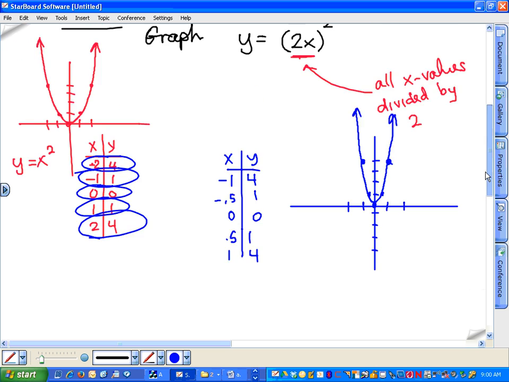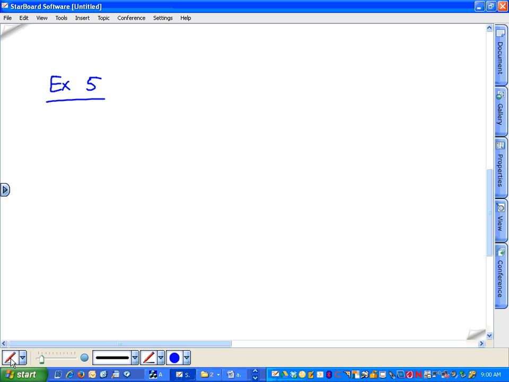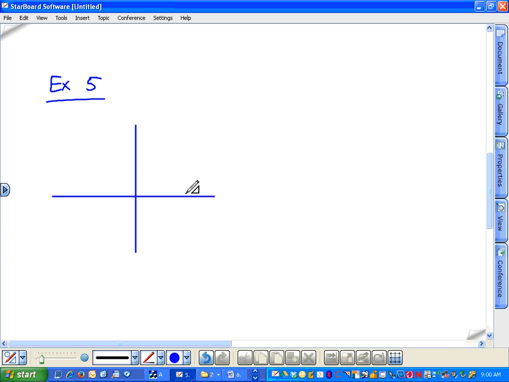Okay. Let's do kind of a weird example here. Example 5. This is not going to involve a parent function. This is going to involve a uniquely shaped graph. Do your best to draw this graph exactly how I've drawn it.